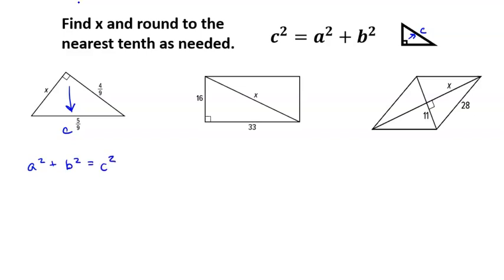And then I have (4/9) squared, and I like to put my fractions in parentheses, plus x squared equals (5/9) squared. Now, I could do this by hand, but I'd rather let the calculator do all the work for me. So I'm actually going to go ahead and subtract this. So we saw how we would subtract every time we are looking for b.